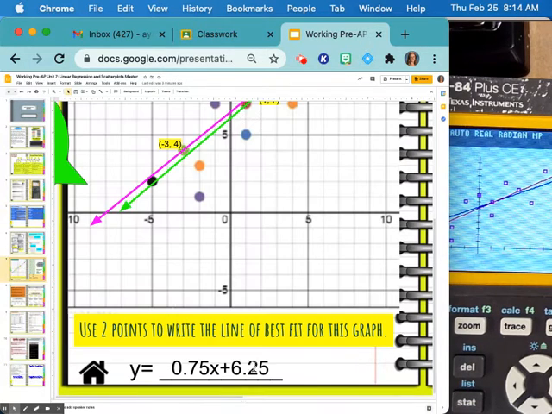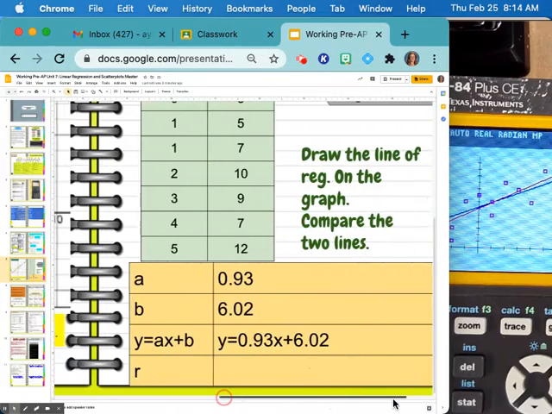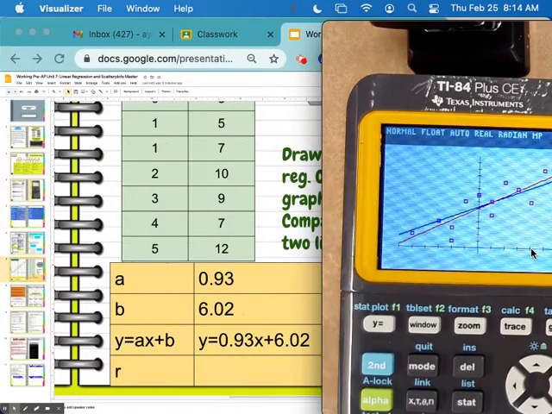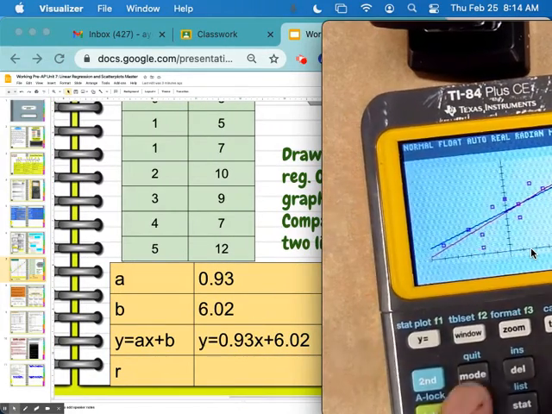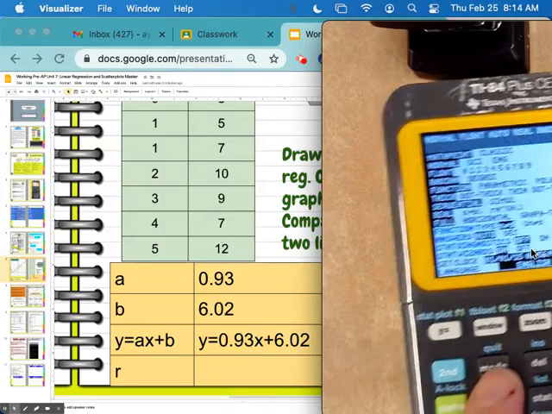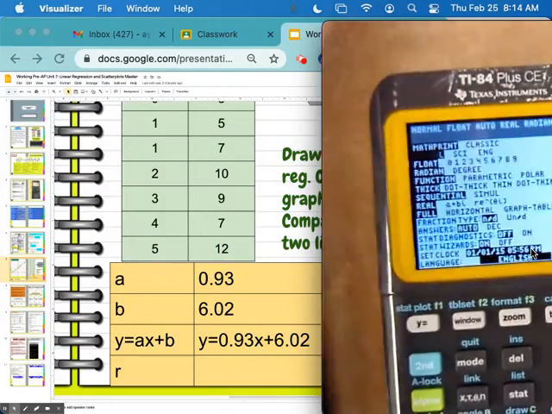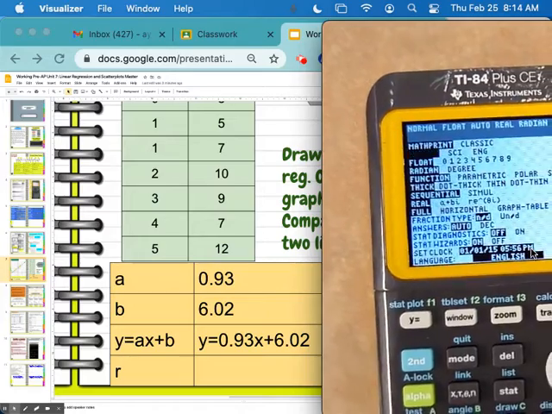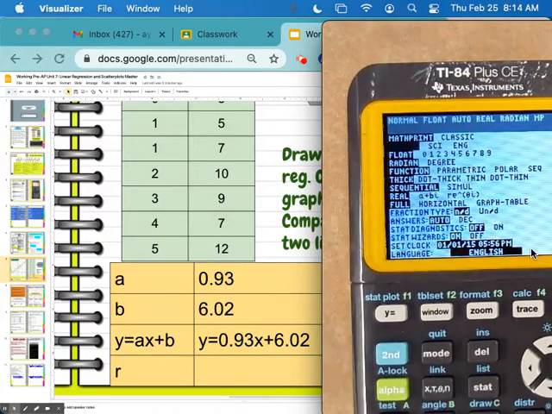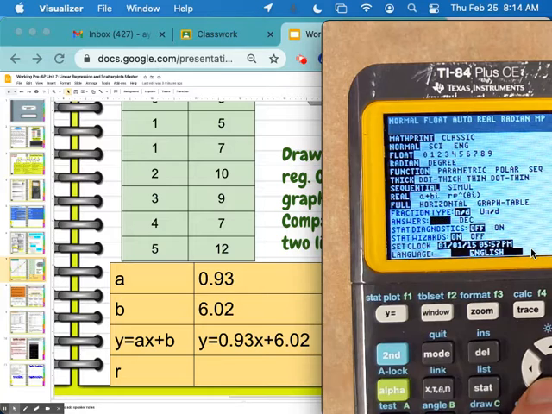So we will use our calculator. We have to change something. So go over to your calculator, and we are going to go to mode. Everybody click mode. And we want to turn stat diagnostics on. So that is, go down several, stat diagnostics on.